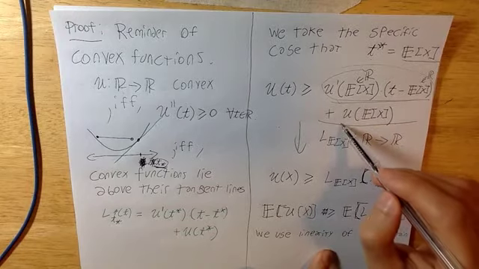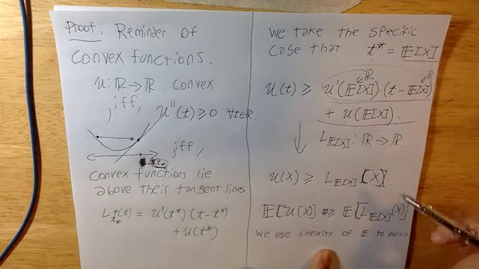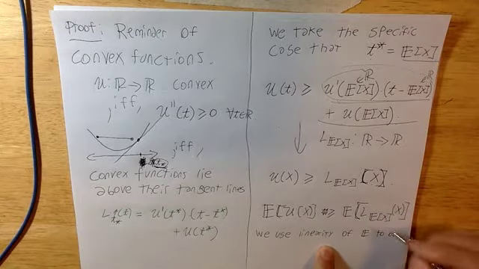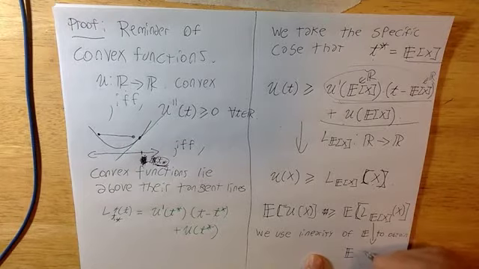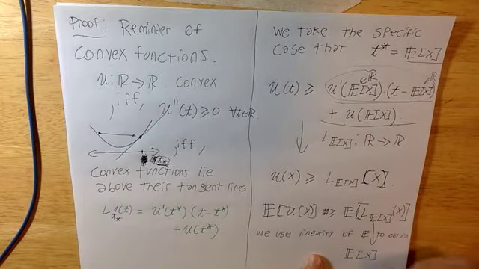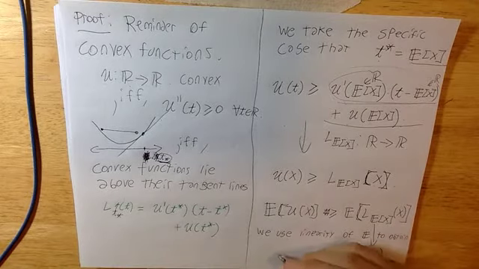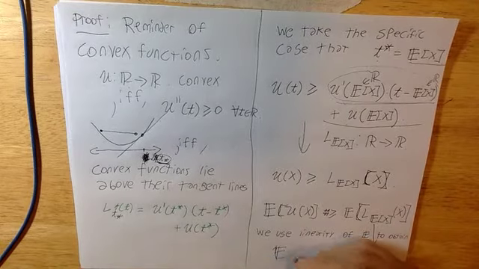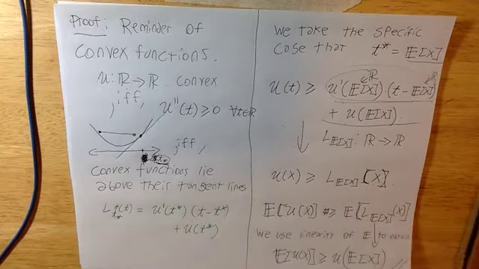And now when we take expectation of this constant term, you just get U of expectation of X. We use linearity to obtain that this thing here is U of expectation of X, which is less or equal than the expectation of U of X. Okay, and that's the proof.